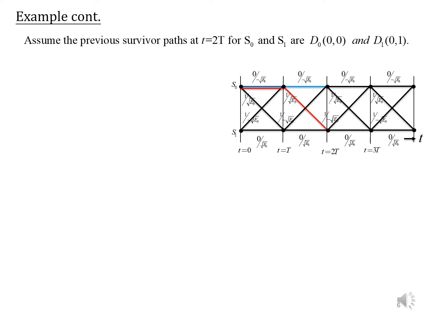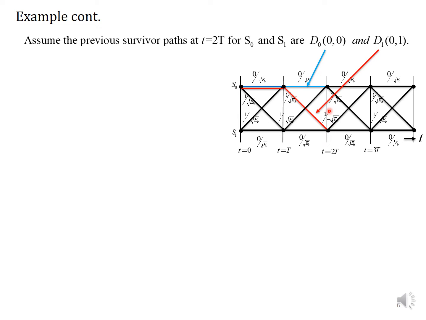Now suppose that we have found the survival paths at t equal to 2T. We have found the survival path for S0 and for S1.